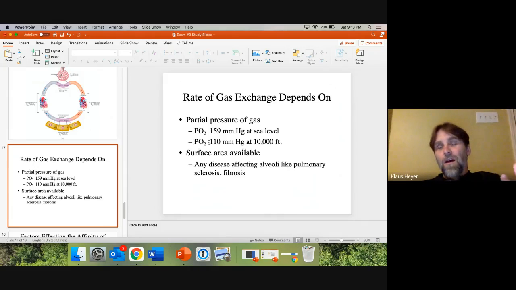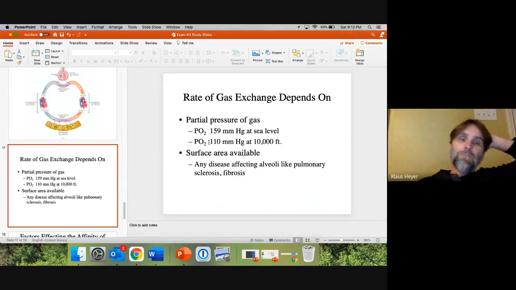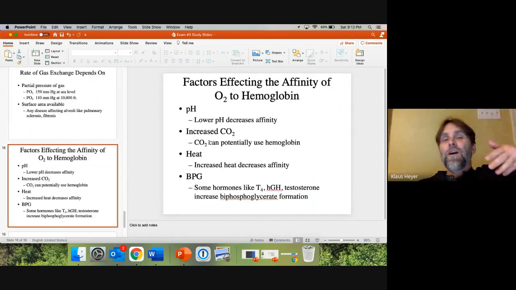right? And then, I mentioned the surface area available here because that's one of the symptoms of COPD. Less of your surface area is available. So you're breathing in oxygen, you're breathing oxygen back out. It can't move across that respiratory membrane. This is the other part of it.